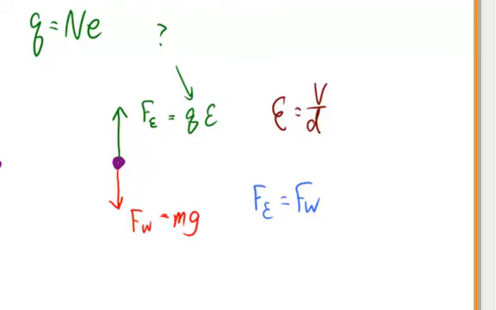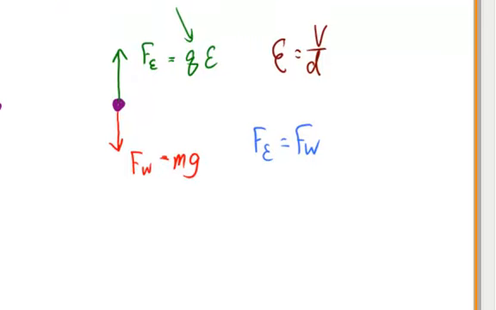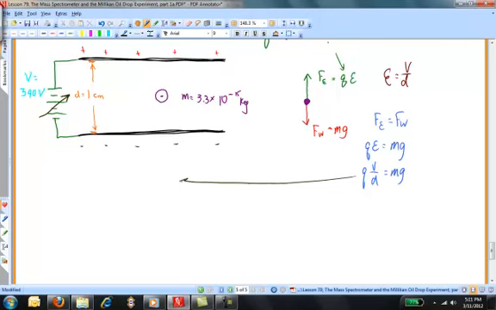The electrical force is equal to the weight of the droplet. Now let's substitute in what those different things are. Q times E is the electrical force, mg is the weight of the droplet. The electric field is equal to V divided by D. And we know that Q is going to be equal to some integer number n times the charge on each electron. Let's solve this equation for Q and then figure out how many electrons there are.